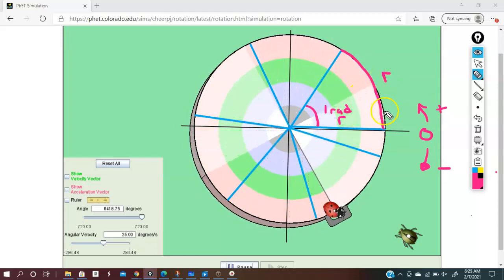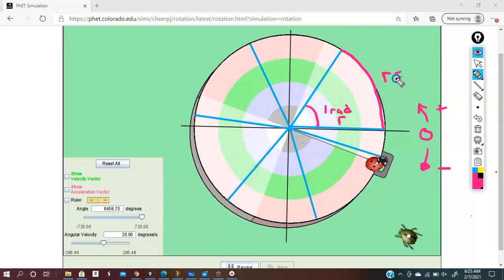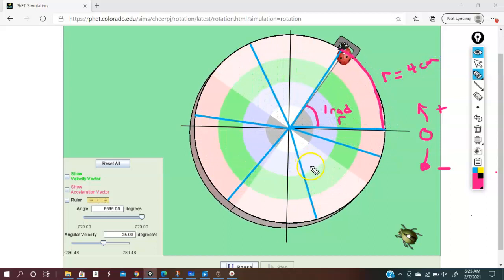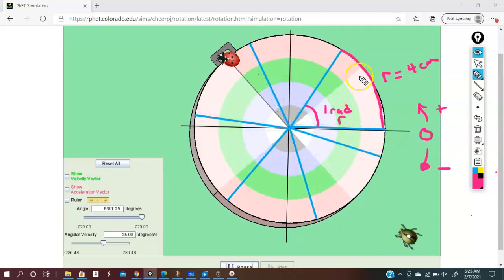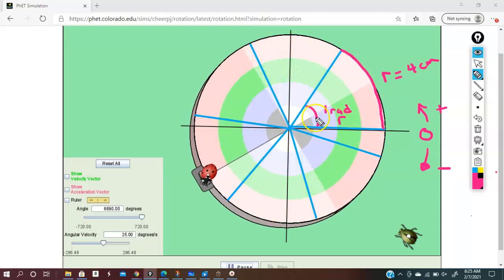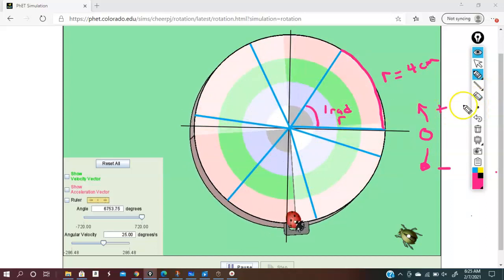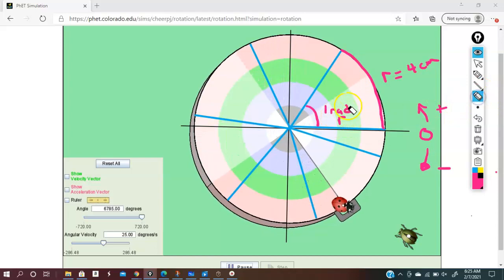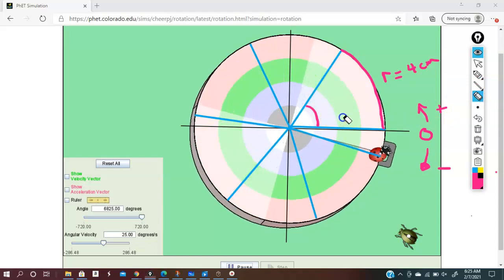So this arc length distance that I drew would be 4 centimeters, and it would be equal to the radius. And so that marks out this specific angle, and that angle is 1 radian. Let me erase this so I don't confuse a point.